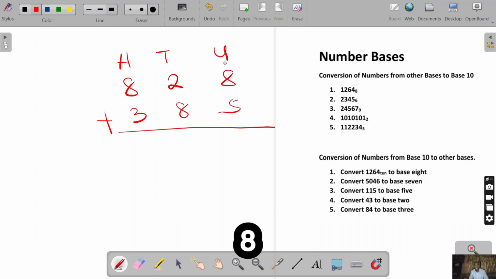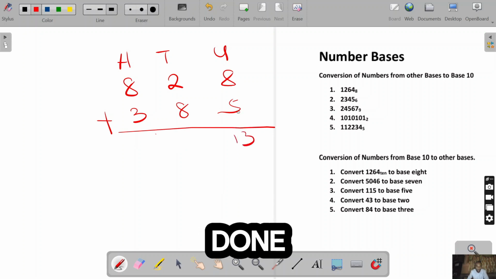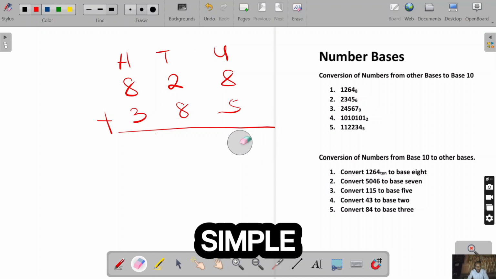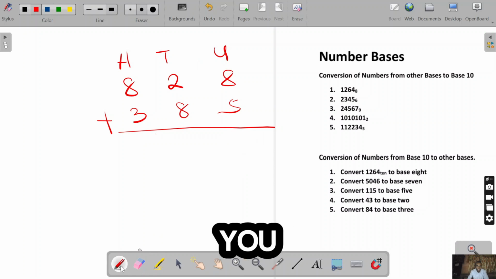Conventionally, you say 8 plus 5 is 13, but we can't write 13 like this. It is not done. So what do we do? It's simple. You write the 13 somewhere. You write 3. Why are we writing the 3?